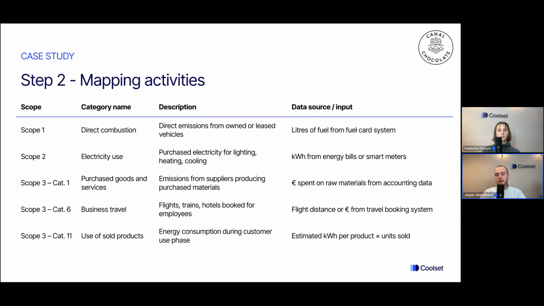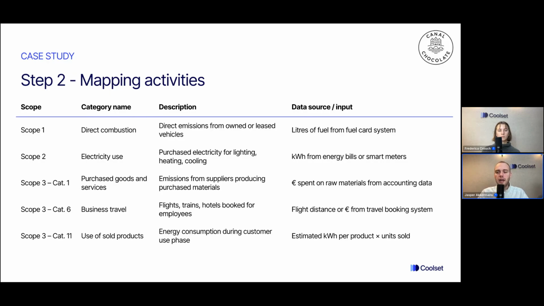Now, this wouldn't be directly applicable to a company that sells chocolate, but it is useful to consider when you're working with products that customers use by consuming energy. For example, Freddie mentioned Apple as an example.